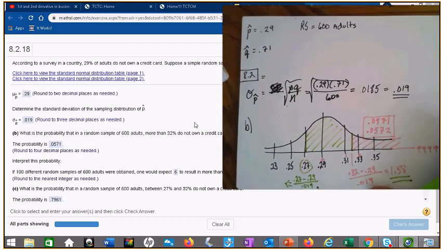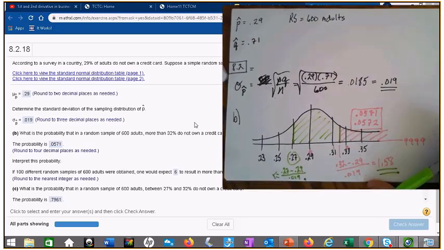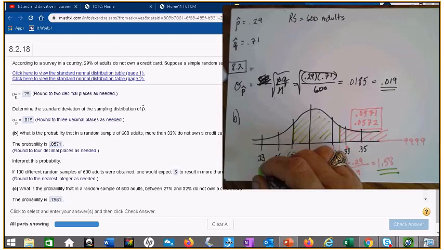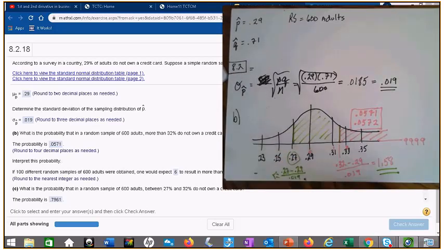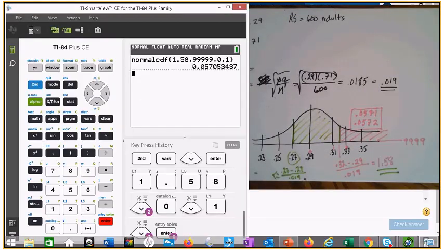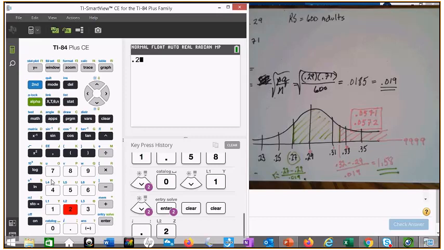For some reason, I'm getting -14.99. No, I don't think that's right. Let me do it in my calculator. I know, I'm working on it. 0.27 minus 0.29.